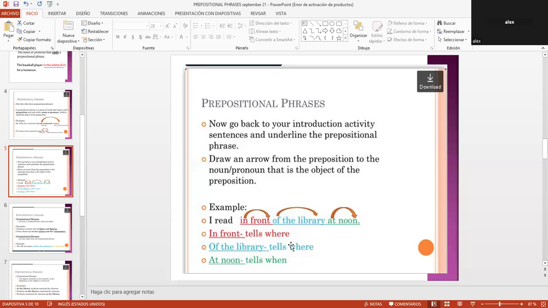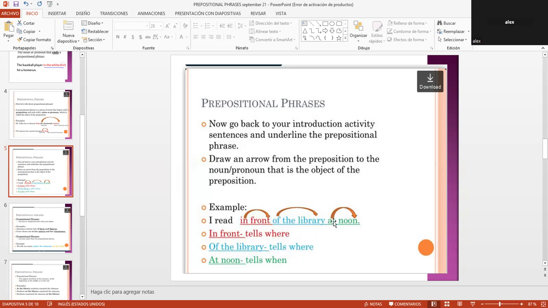And look at this. This information is important. In front tells you where. Of the library tells you also where. I mean, these two prepositions talk about places. And at noon tells you when. It's talking about time.